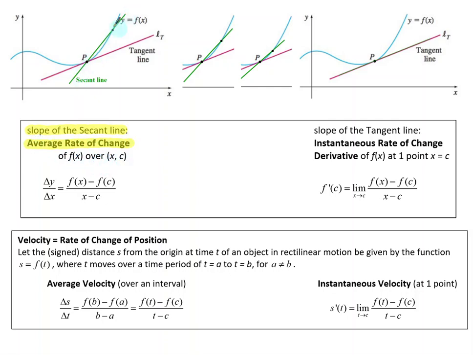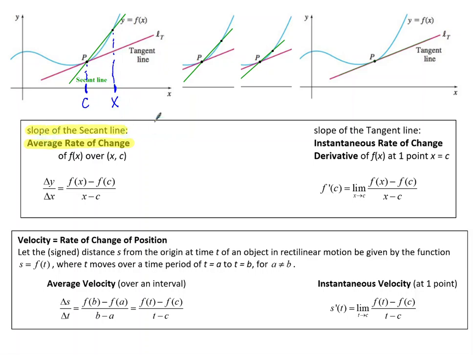So our secant line, this green line, is showing 2 points where the line intersects the function y equals f of x, this blue curve. Point P is at an x value that we're going to call c. And the other point on the secant line is at another x value we're going to call x.